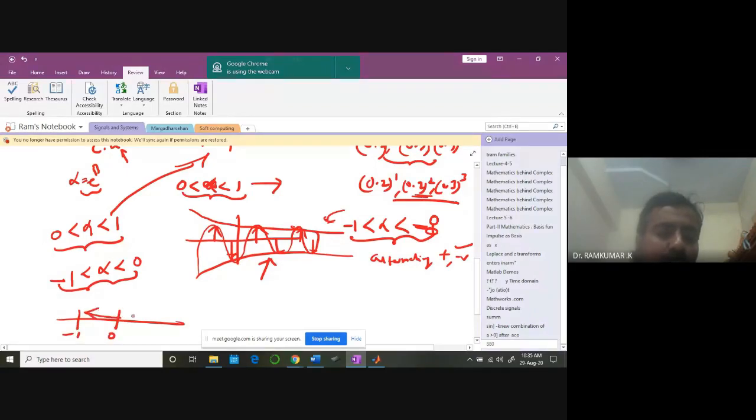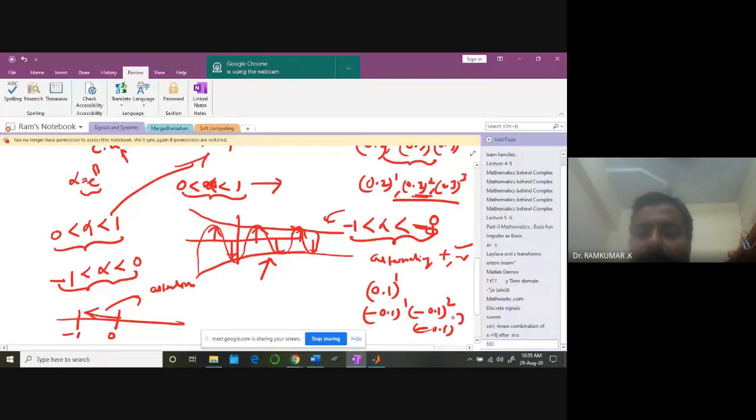I'm going to choose values in between. So this is more like an alternating values I'm going to get based on the sequence. The sequence is what? For example, if I'm going to choose 0.1, first take the value minus 0.1, 1, minus 0.1 square, minus 0.1 cube. You understand? So the sign is going to change, but it's going to be decaying.